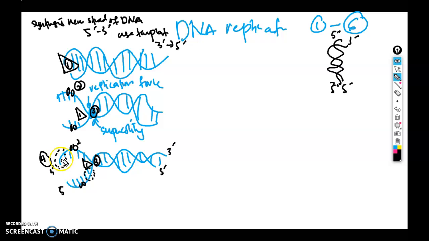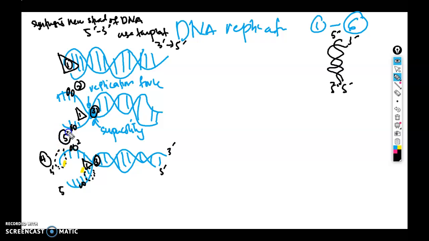Primase will attach at the 3' end of the DNA template and catalyze the addition of the RNA primer here. And then followed by number 5, DNA polymerase 3.